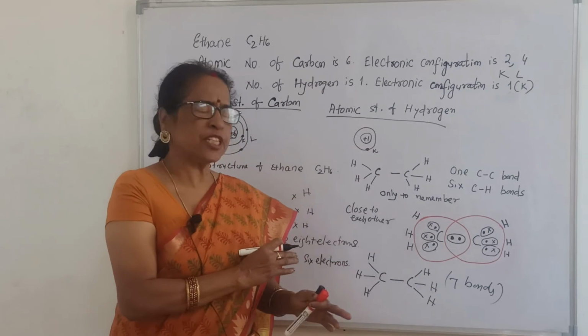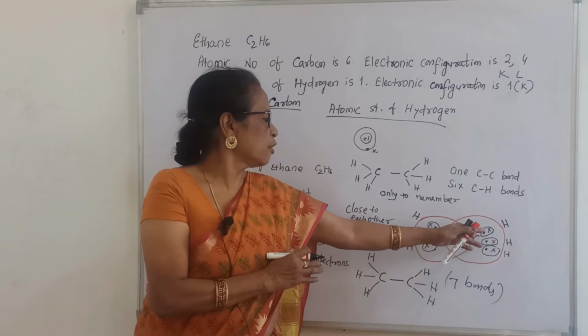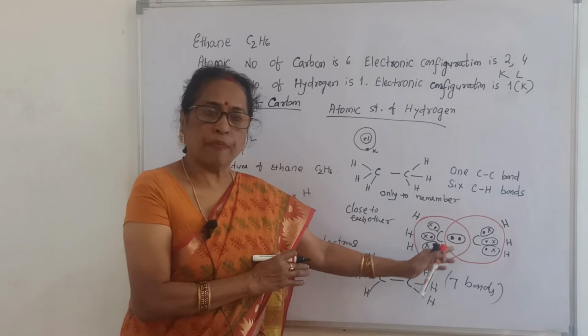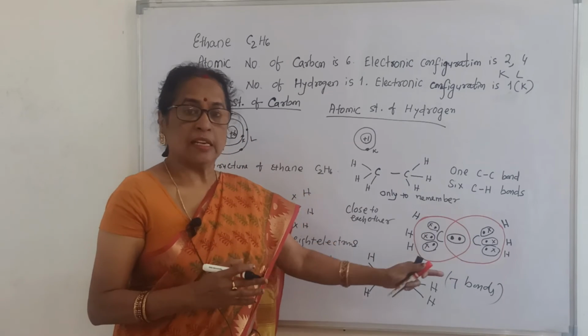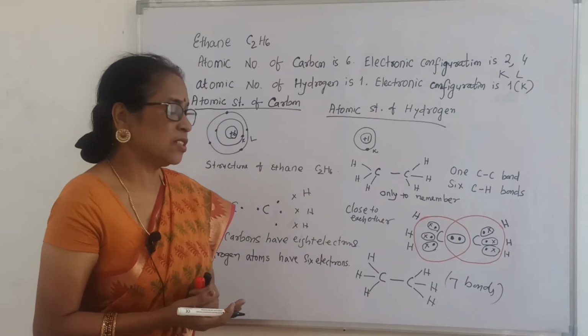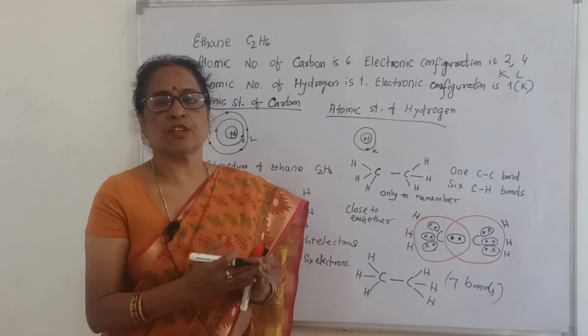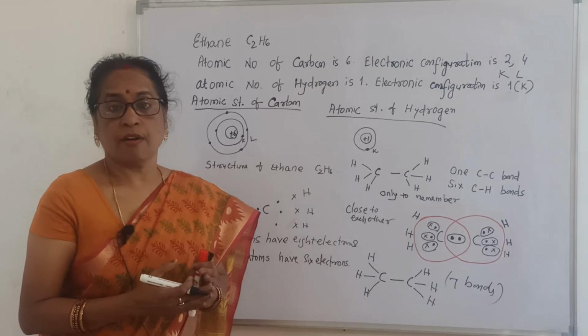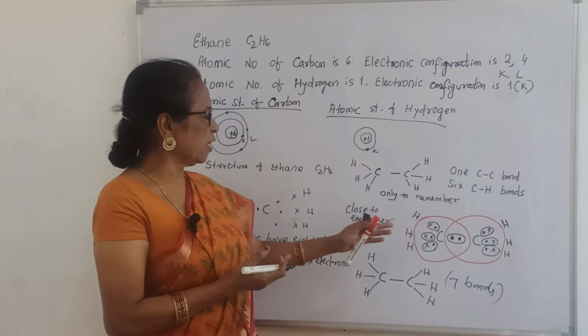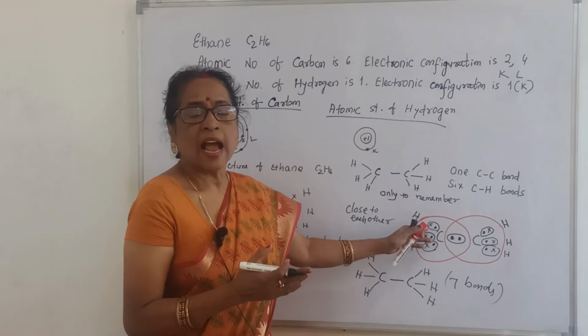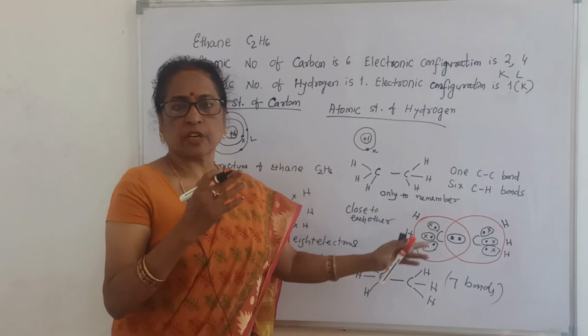Similarly, check this carbon: 2, 3 pairs and 4 pairs. 4 into 2 means 8. That means the outermost shell has 8 electrons and it attains the nearest configuration, that of neon. For hydrogen also you can check it. For hydrogen, 2 electrons are there and it attains the inert gas configuration of helium.